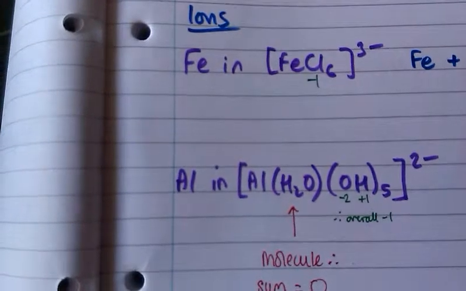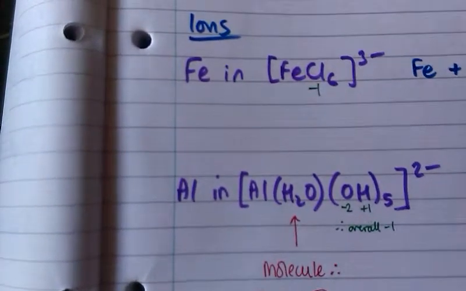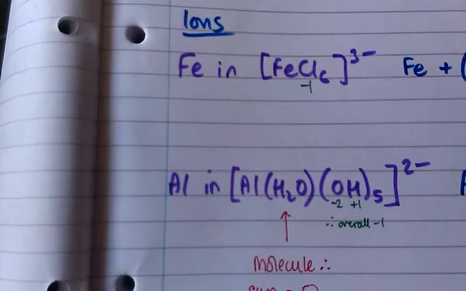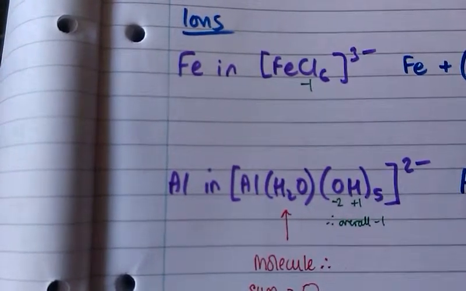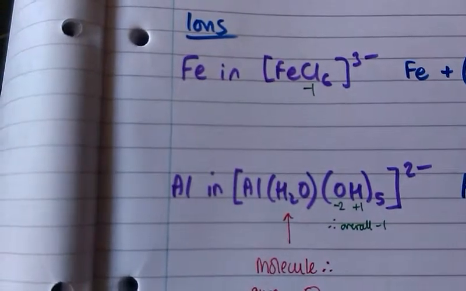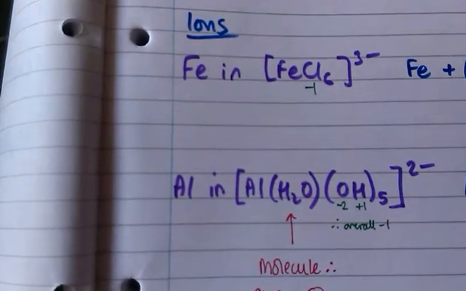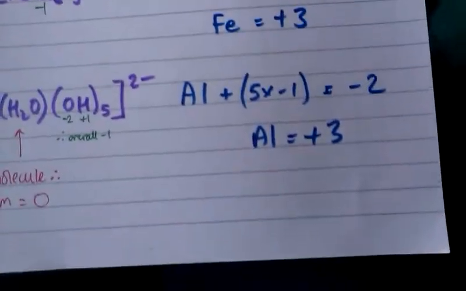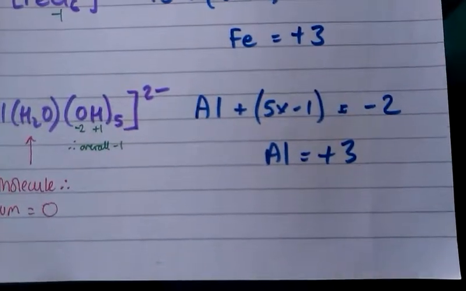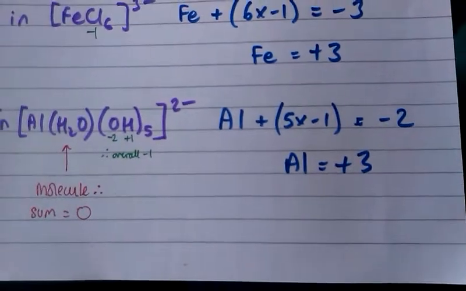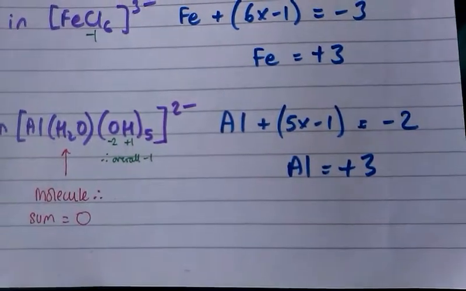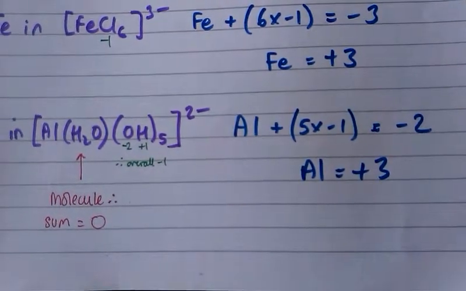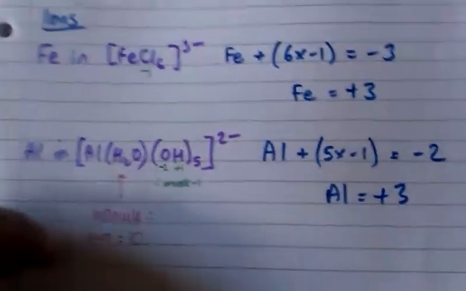And then for the OH, we know that the oxidation state of oxygen is -2 and of hydrogen is +1. So the OH has an overall oxidation state of -1, and there are 5 of those. So the oxidation state of aluminium plus 5 times -1 is equal to -2, which is the overall charge on the ion. So the oxidation state of aluminium must be +3.